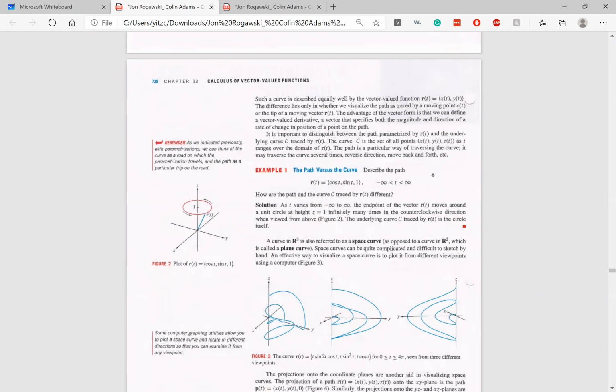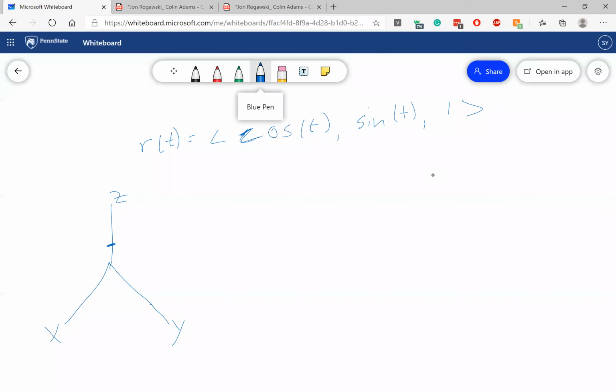So you could say that x of t is equal to cosine of t, and y of t is equal to sine of t.